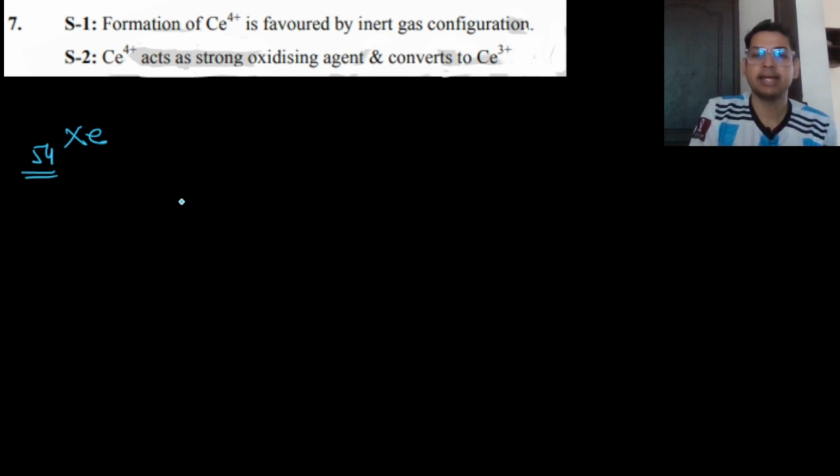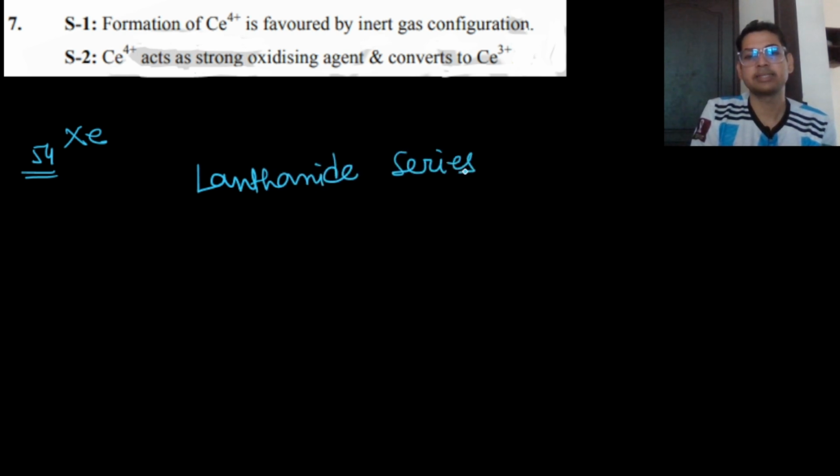Okay, then coming back to this question, formation of Ce4+ is favored by inert gas configuration. So I hope you know that xenon is 54, right? Xenon is 54, and the lanthanide series starts from 57, right? Then it comes cerium 58.